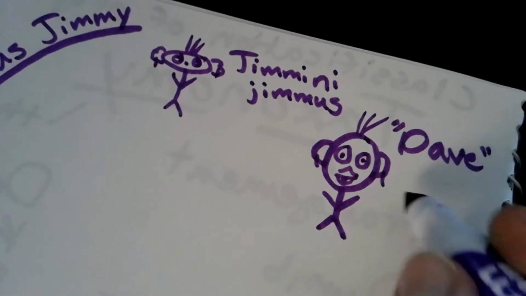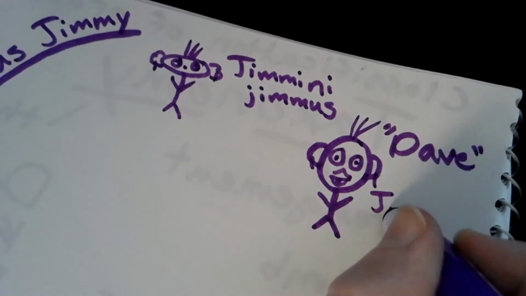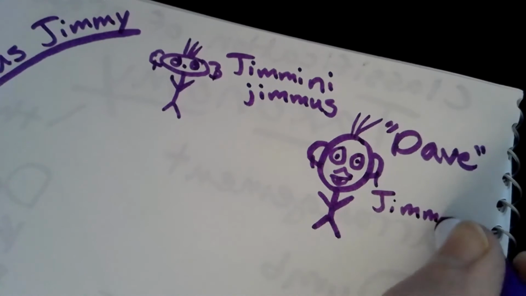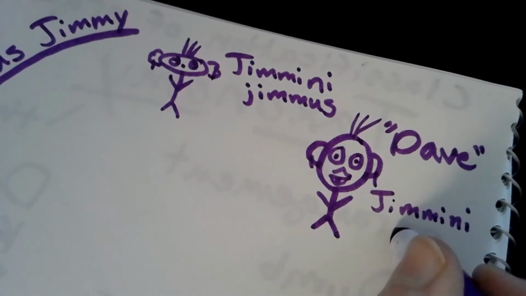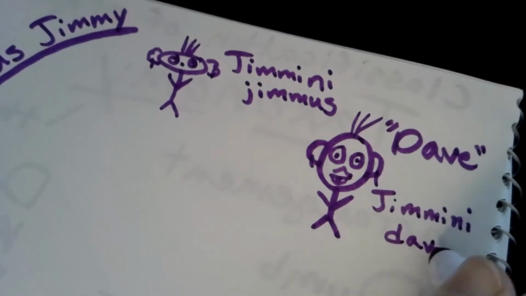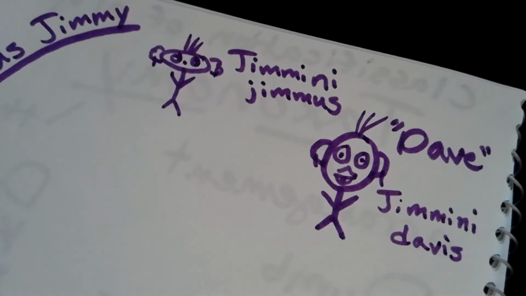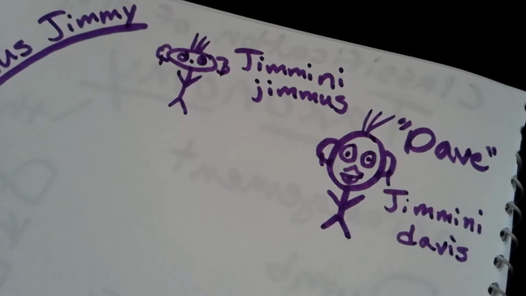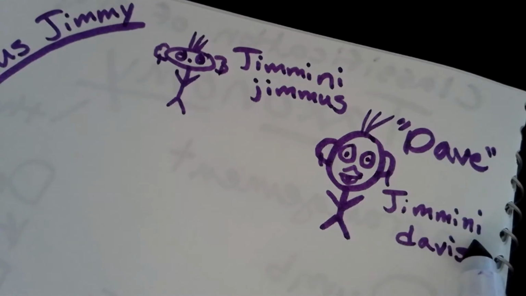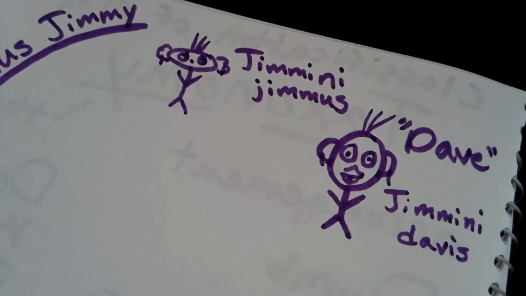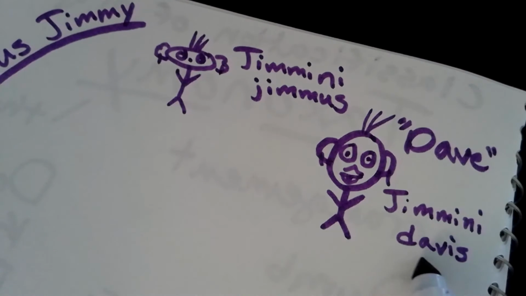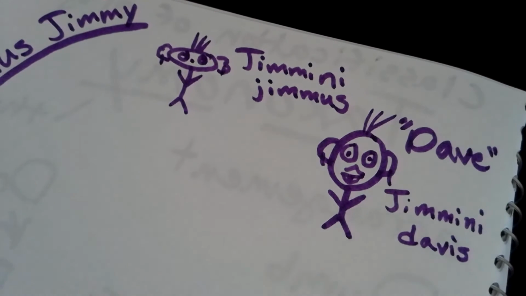But he is going to have that genus name, Jiminy Davis, as his scientific name. So notice with these two species, since they're in the same genus, they're going to share the same genus name as the first part of their scientific name, but they're going to have a different species name for the back half to distinguish them from each other in papers.